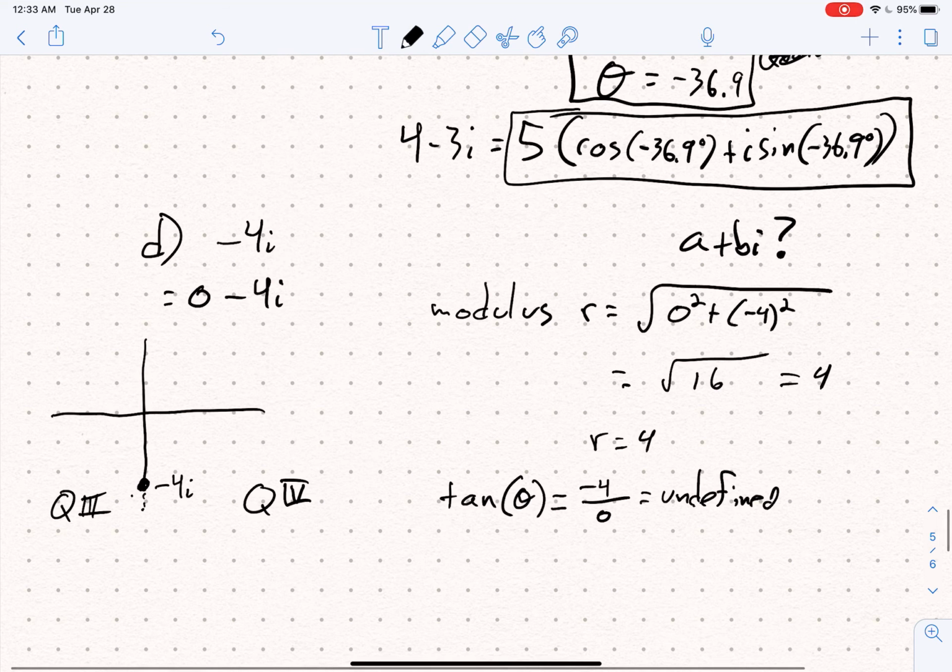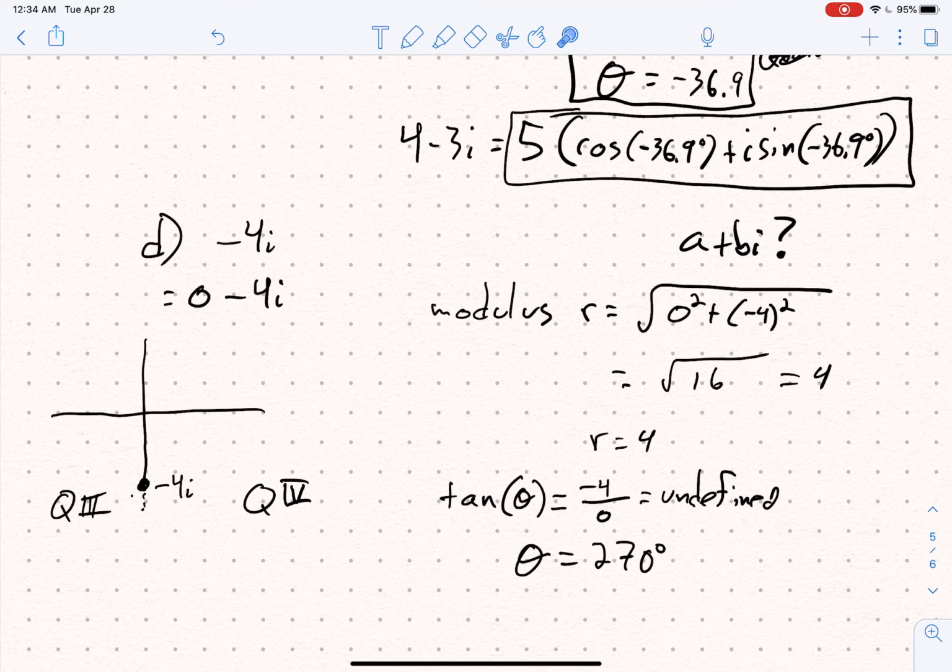But it's worth noting that there are two places in the unit circle where tangent is undefined, and they're both where the bottom is 0. They're going to happen here at 90 degrees and down here at 270 degrees. Those are the places where tangent is undefined. And because of that, we can tell just from the picture that the one that we want is the one that goes down, and that's the angle 270. So here we have theta equal 270 degrees.